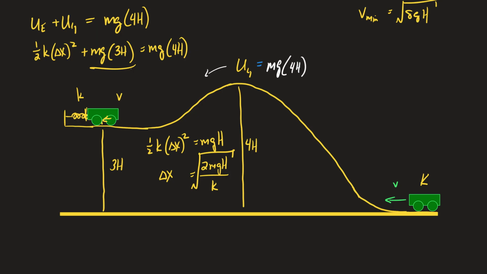The spring of spring constant K is located on a landing on the opposite side of the hill. What is the speed of the cart just as it makes it to the spring, assuming it successfully made it over the top of the hill? So when we were doing part B, we were comparing the energy the cart had. Hold on.